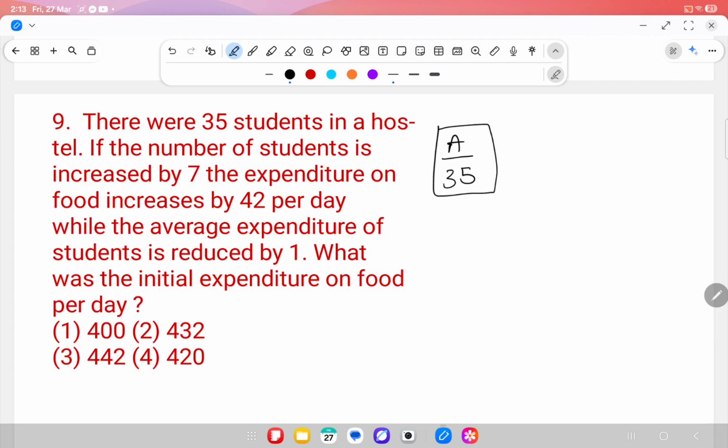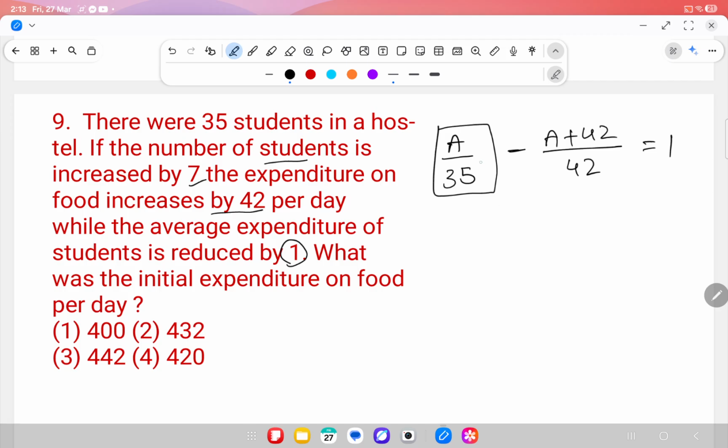And this is reduced by 1 because the number of students increased by 7. Means the expenditure on the food increased by 42. Means A plus 42 by, now how many students? 42 students. This difference is equal to 1. This made it reduced by 1, they given. So if you solve this, we'll get the answer.